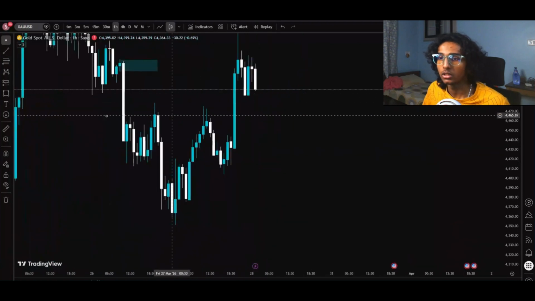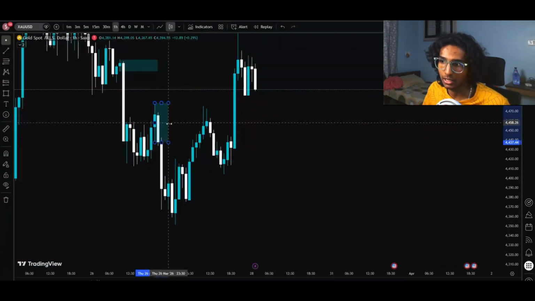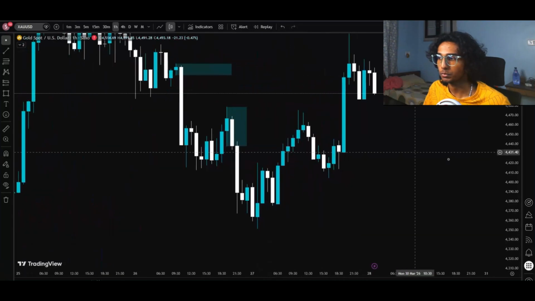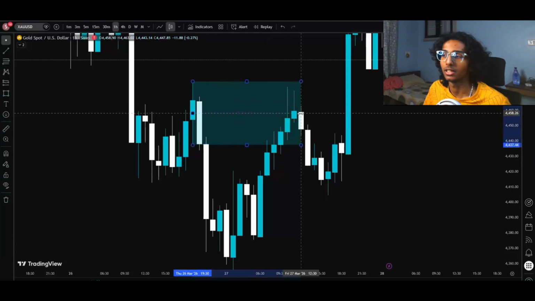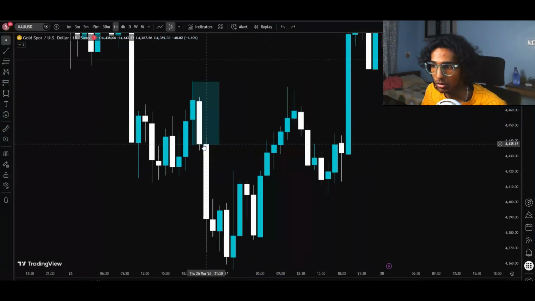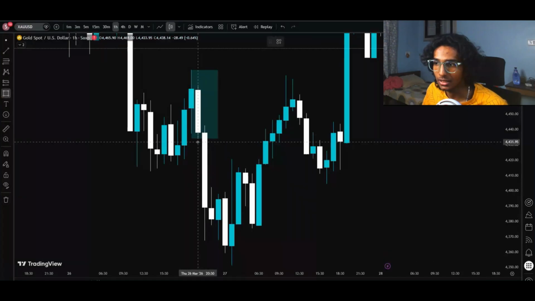Similarly, in this case there was this up candle, but again I don't just take this candle as the supply. I include the next candle in this case. Why? Because I need the FVG.